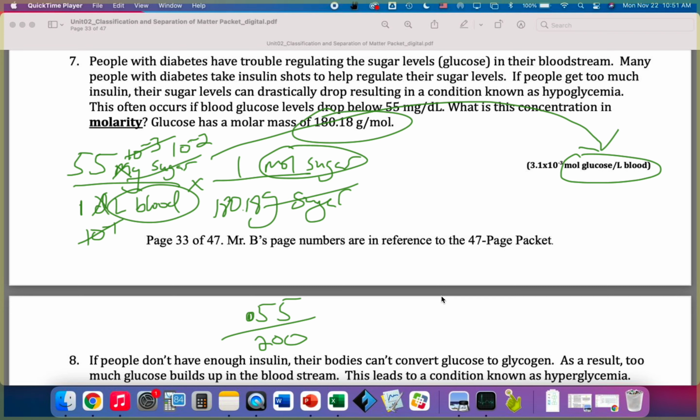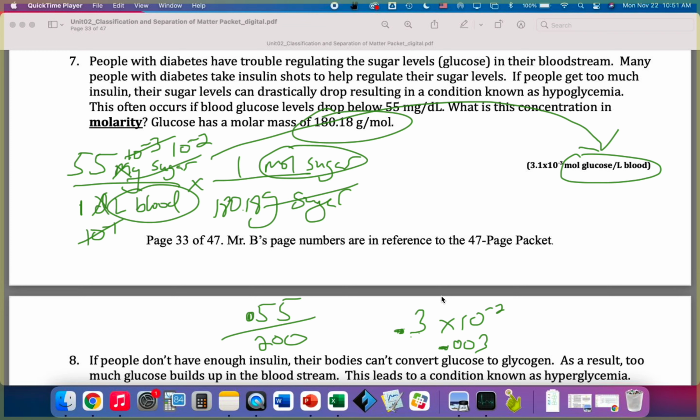So about 0.3. And then we still have that 100 on the bottom times 10 to the negative 2. So I'm thinking the answer is 0.003 moles per liter, or 3 times 10 to the negative third.